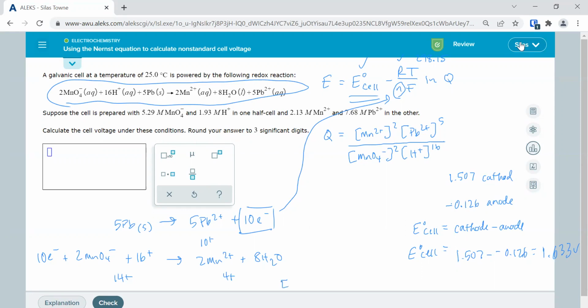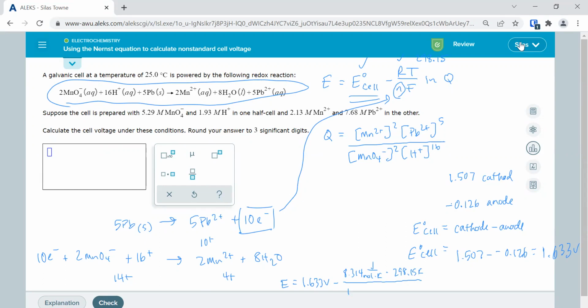So we have E equals our 1.633 volts minus, now we're going to start with our gas constant. We're going to use our less used one, 8.314. We've seen that number. This is joules per mole Kelvin. We like the joules in there. Then we've got our 298.15 Kelvin. Most of these types of problems have that temperature.